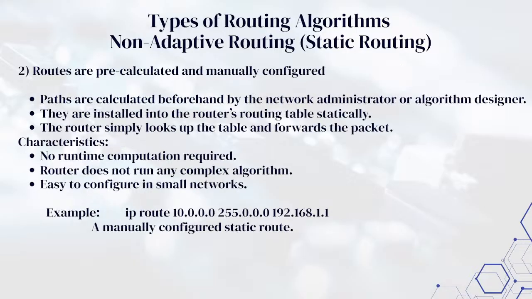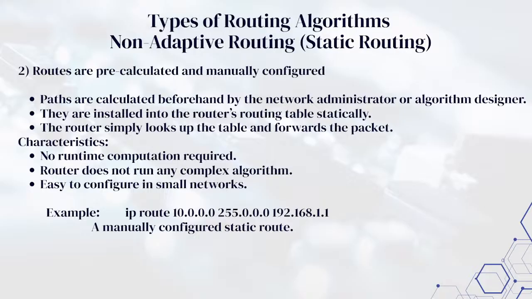Okay. Second, routes are pre-calculated. As we said, it is a static routing method, so routes are pre-calculated and manually configured. Paths are calculated beforehand by the network administrator or the algorithm designer. They are installed into the router's routing table statically.